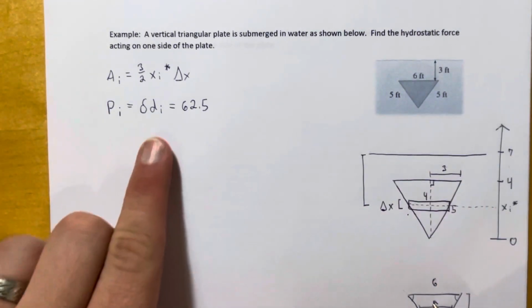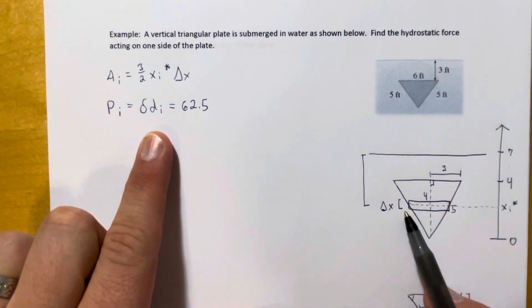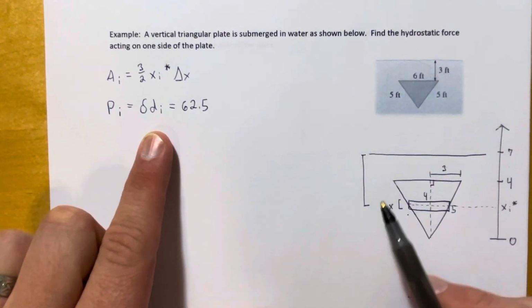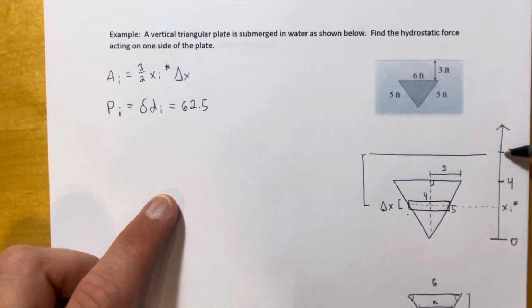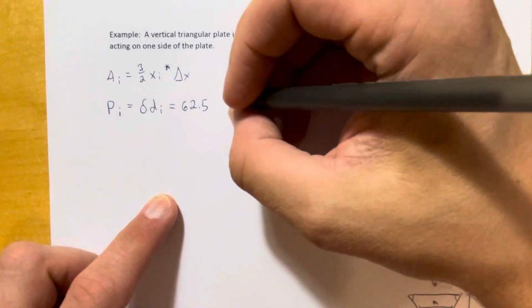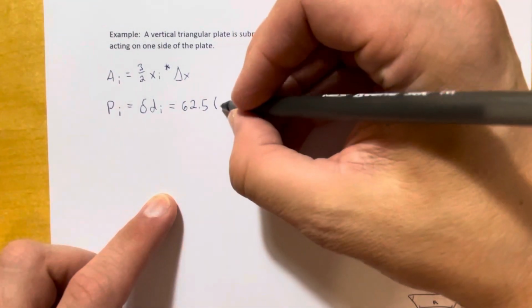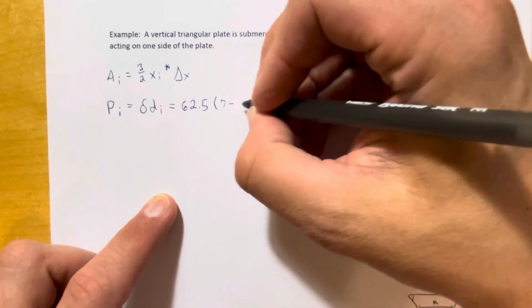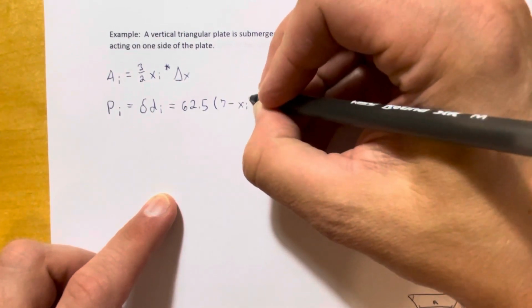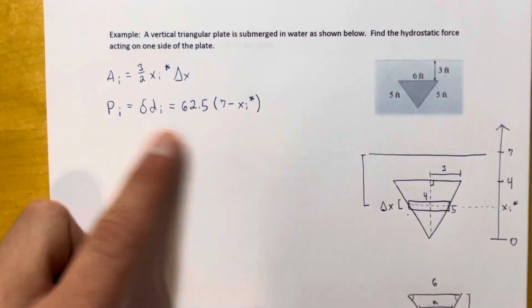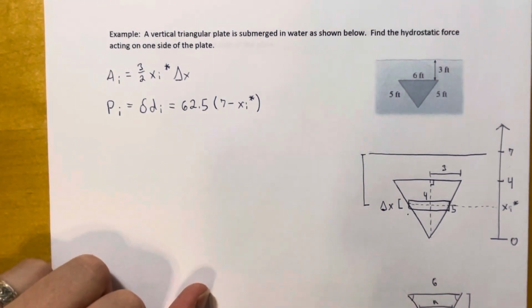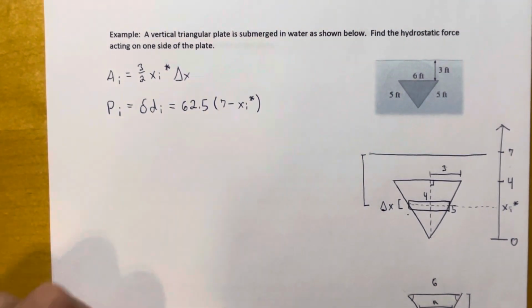But the distance, what is the distance from this rectangle to the surface of the water? Well, I'm starting at a height of 7 and going down to xi star. So the difference between these values gives me that distance below the surface, 7 minus xi star.